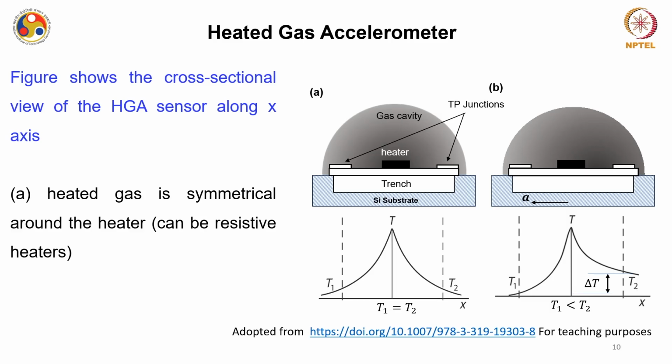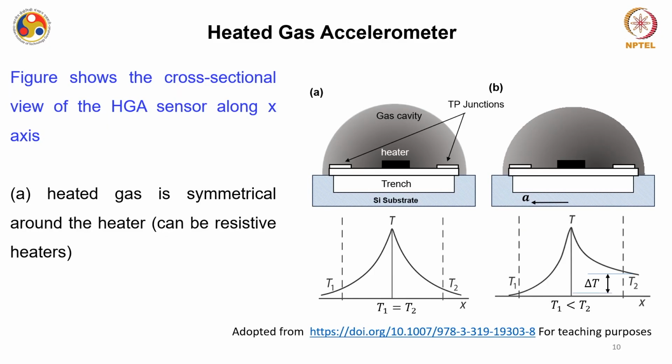Now let us have a figure of this, or a concept of this heated gas accelerometer. As I have mentioned, this is micro machined from silicon itself. So figure A shows the cross sectional view of the HGA sensor, and only one axis is shown over here, that is the x axis, for example.